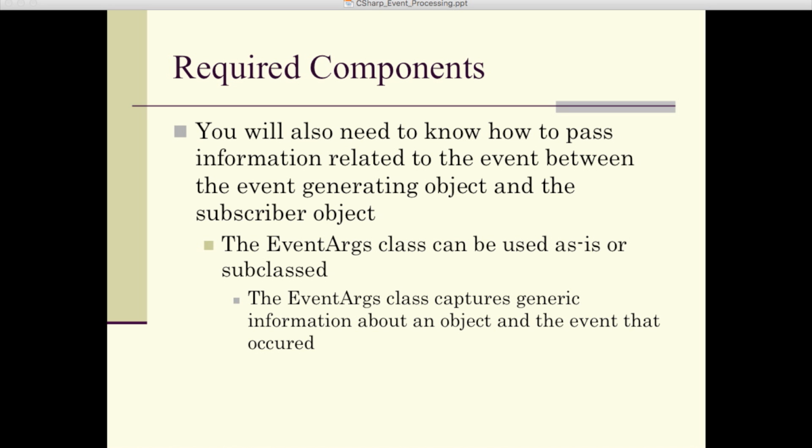Well, it's this EventArgs that is used to pass information to that event handler method, whichever one you create. And the EventArgs simply captures generic information about an object and the event that occurred, but you can subclass EventArgs and create your own custom EventArgs class to pass information to your event handler.